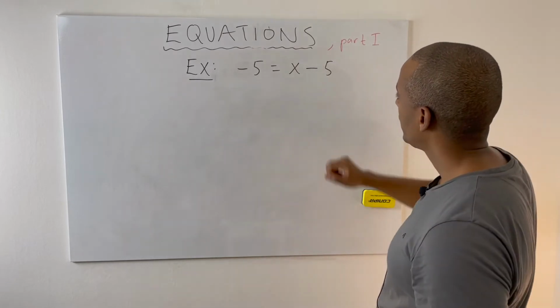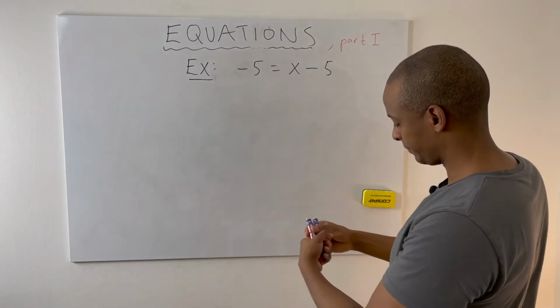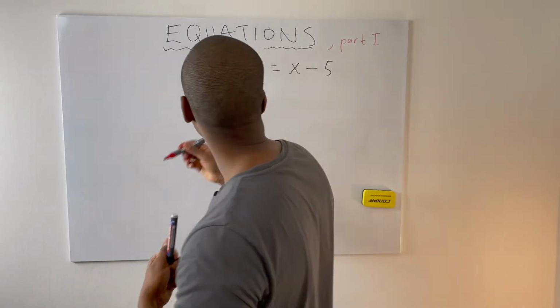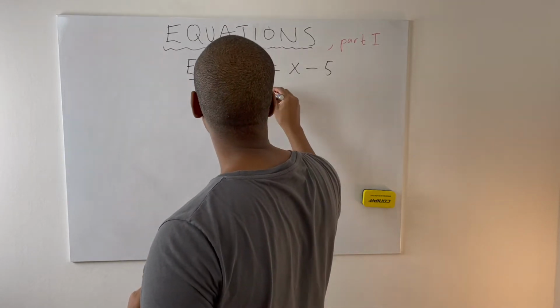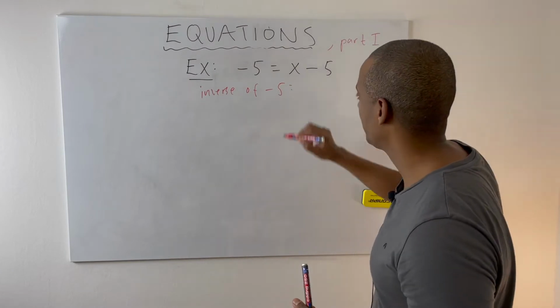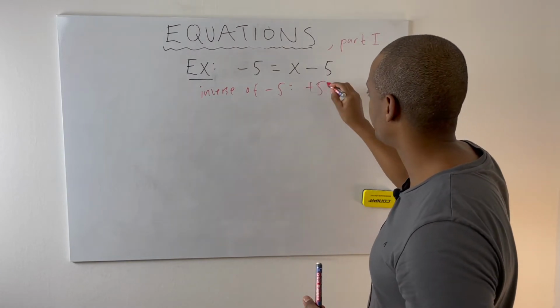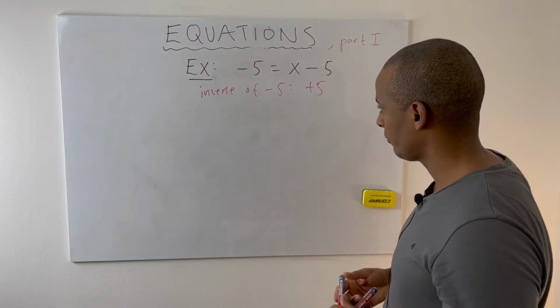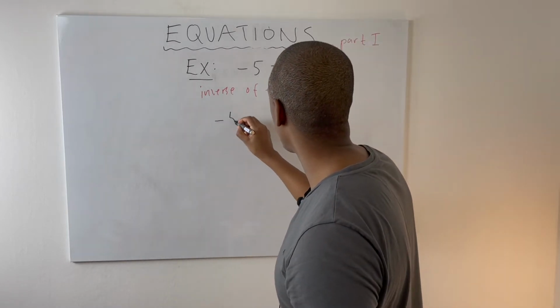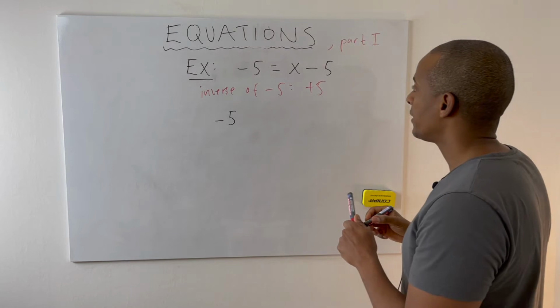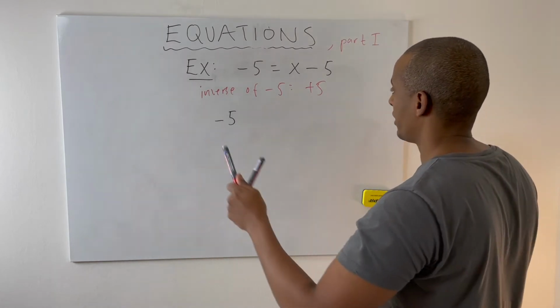So what do we do? Well, the inverse of minus 5, the opposite, is plus 5. So what we're going to do is, we have minus 5 here, and we're going to add plus 5 on both sides of the equation.